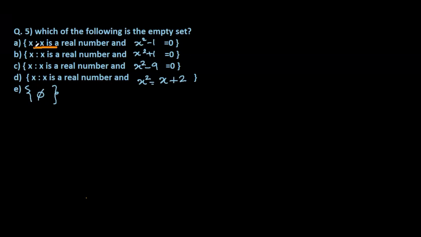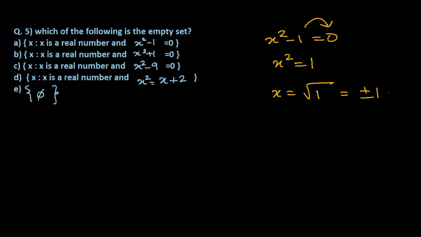First one, x is a real number and x square minus 1 is equal to 0. See, if we solve this, what we will get? x square minus 1 equal to 0. We will take this 1 to the right side. So x square is equal to 1. So x is equal to square root of 1, which is plus or minus 1. This is real, right? So it cannot be the answer.